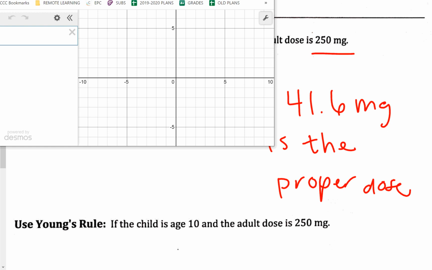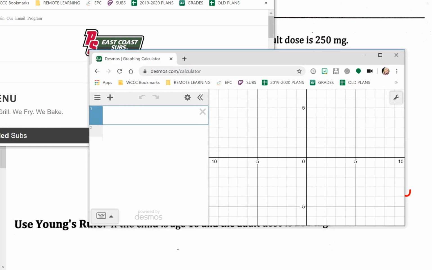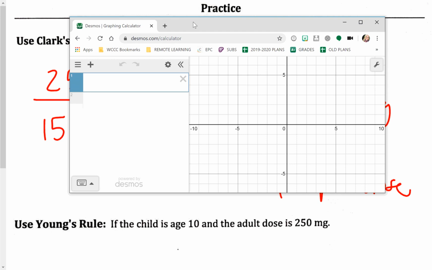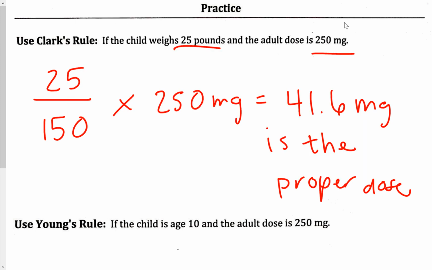This is Desmos. I don't know if you have this or not. So Desmos calculator, if you take 25 divided by 150, or you can use the one on your Chromebooks, but this is nice too. So 41.6. They didn't ask us to round to the nearest tenth, but you get the idea.